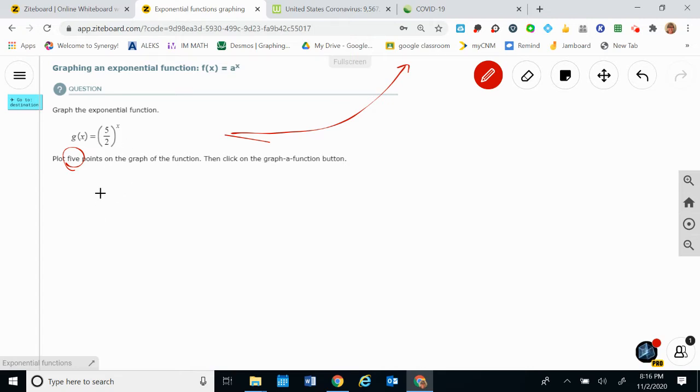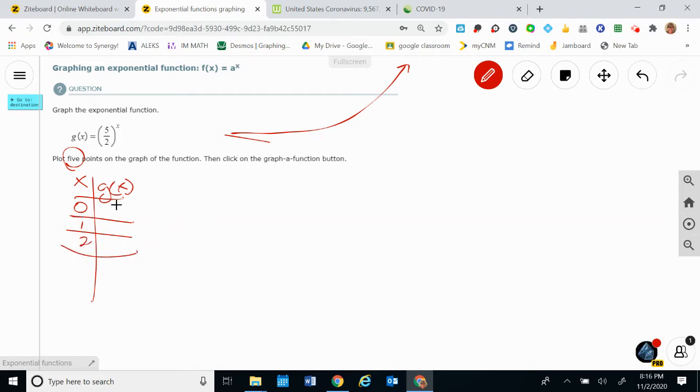But here are the points. What points should you pick? Let's do x, g of x, because that's what they called y here. Let's always pick 0. Let's pick 1. Let's pick 2.